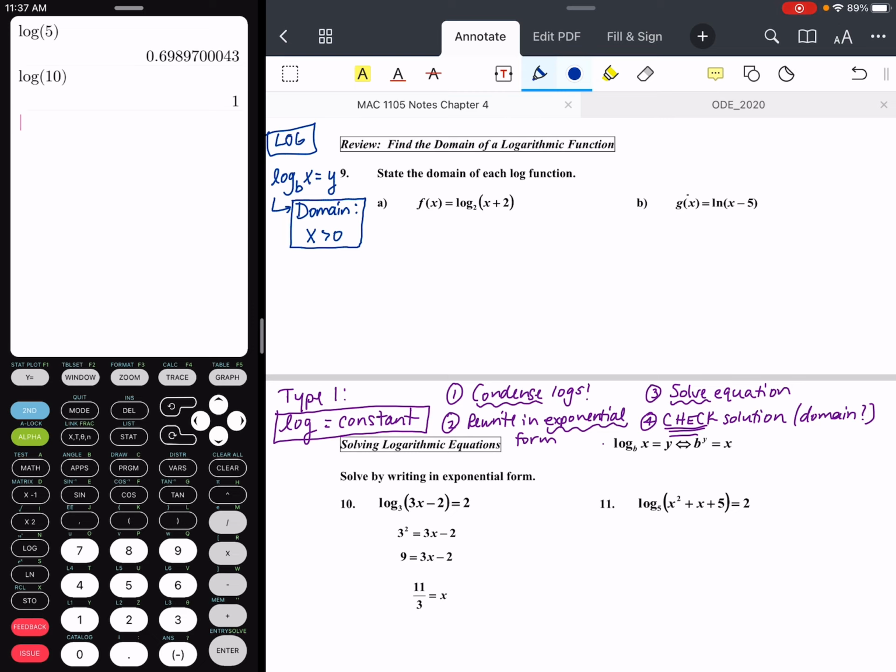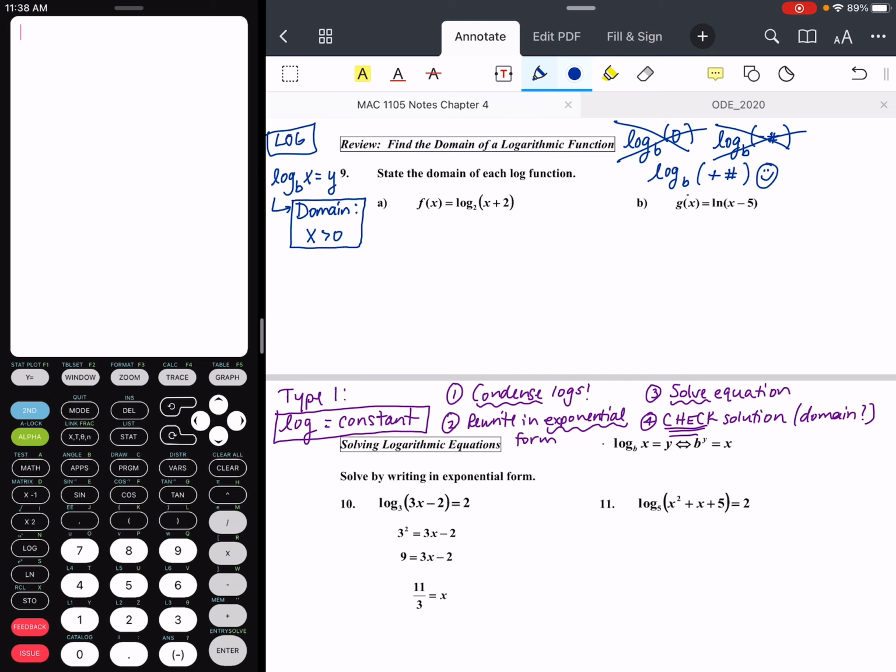So if we take the log any base of 0, calculator's unhappy. If we take log base b of some negative number, calculator's not happy. But if we take the log base b of a positive number, yay, our calculator cooperates.